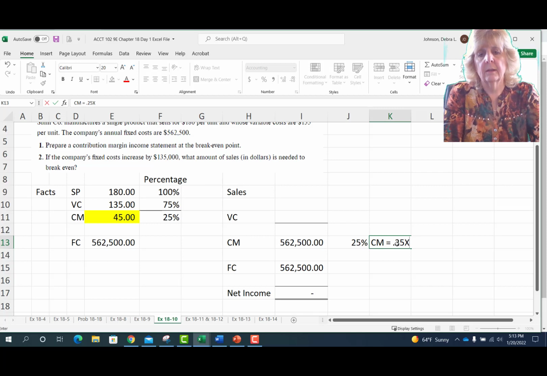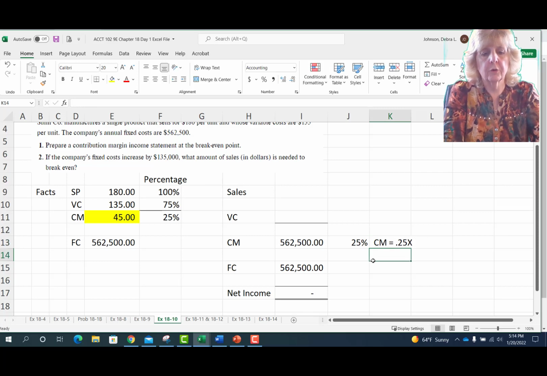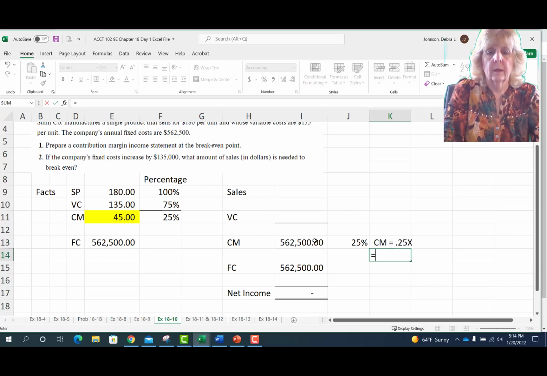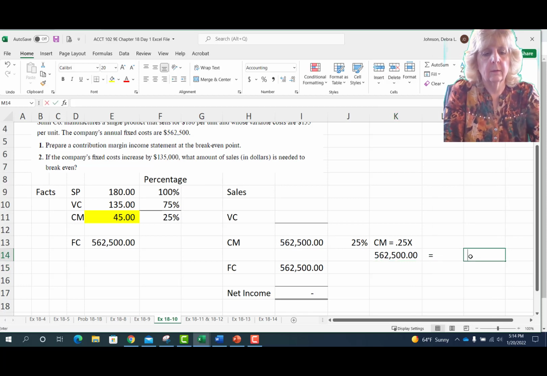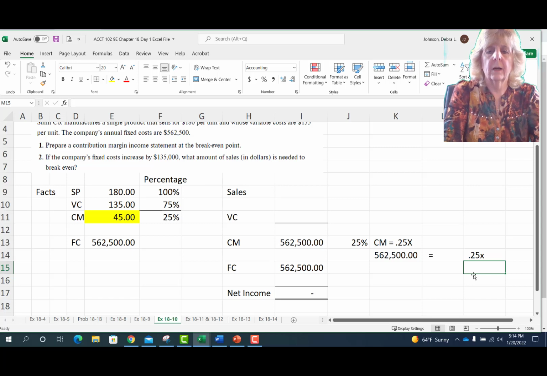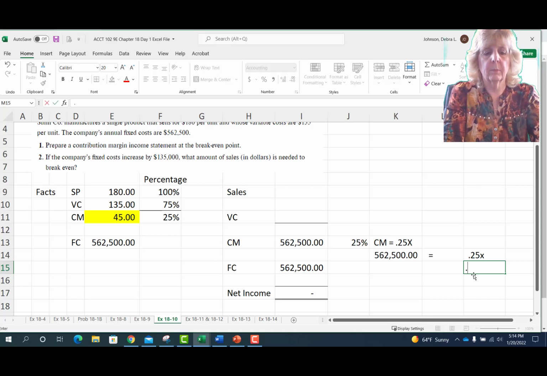Another way, if you want to write a formula for that, the contribution margin is equal to 25% of X. And if X is the sales, let me put this in a formula so you can see it. For a lot of you that have had algebra and so forth, to get X by itself, I would divide both sides by 0.25.